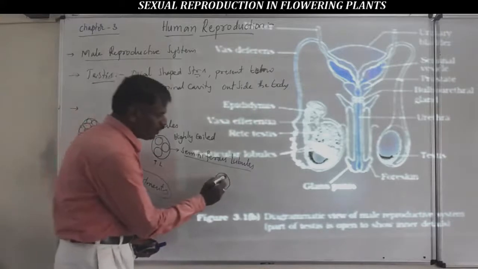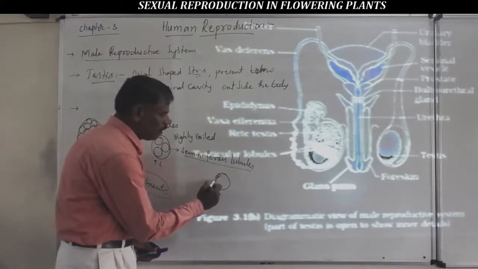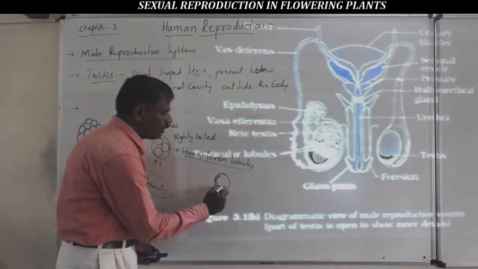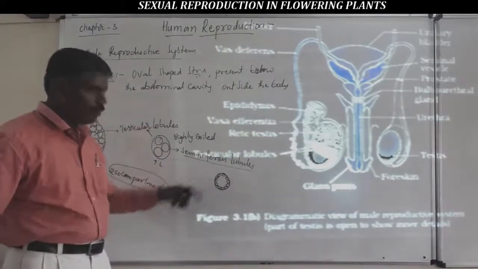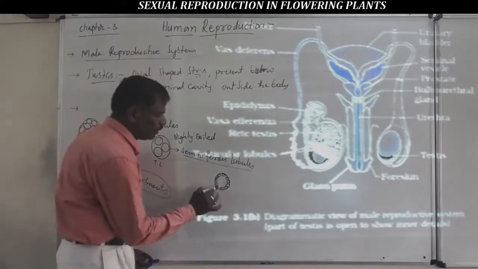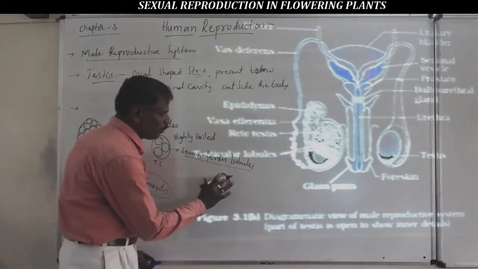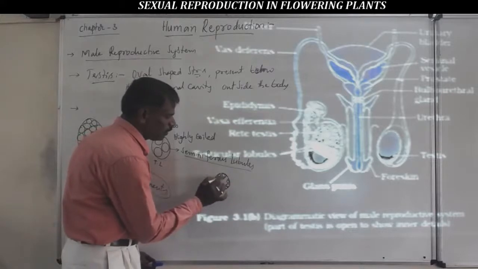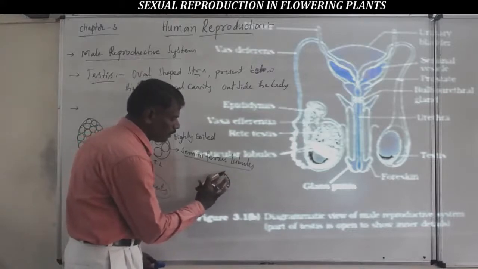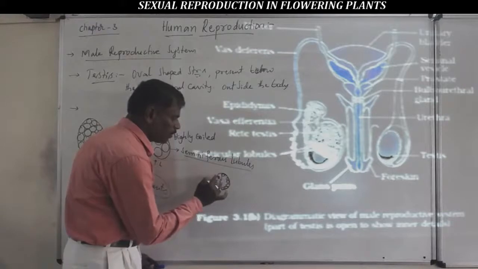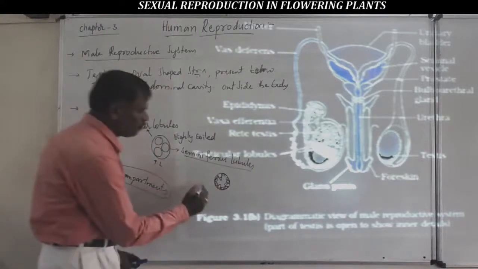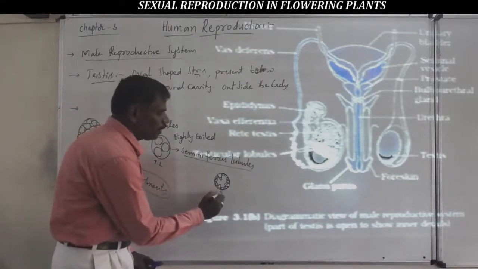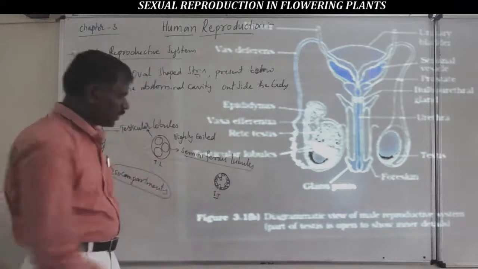The seminiferous tubule is made up of 2 types of cells.